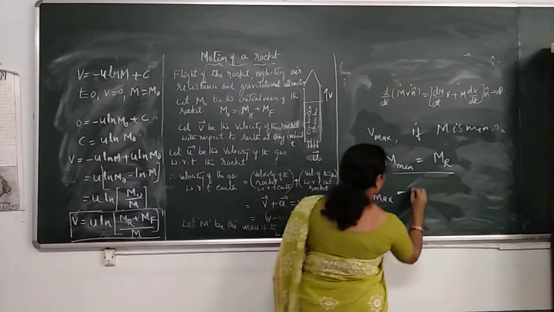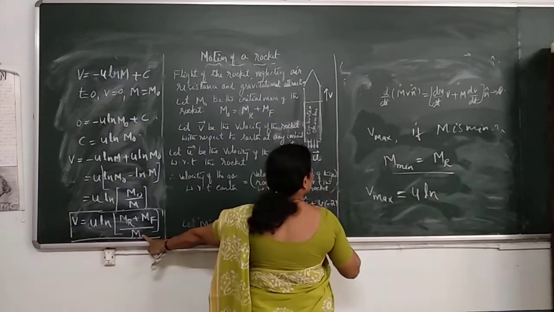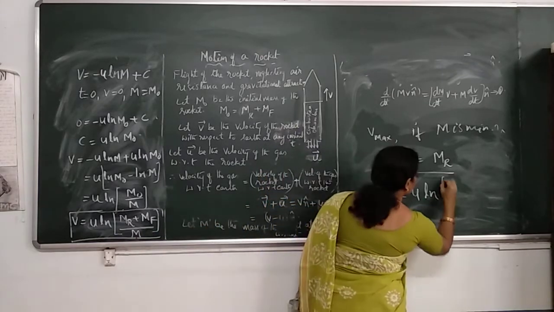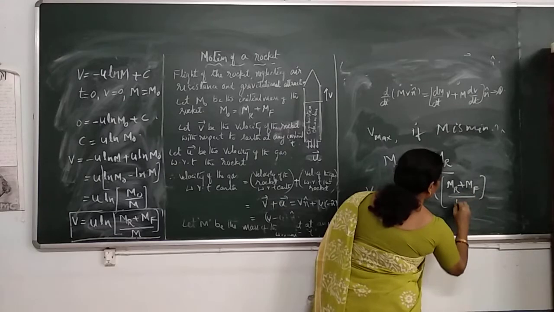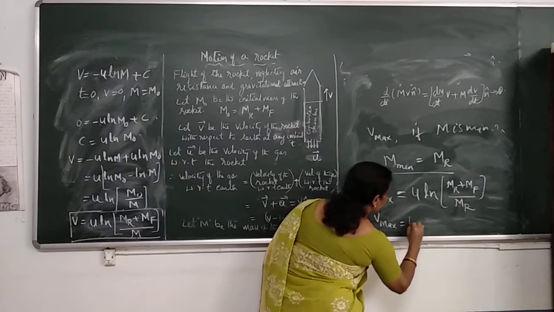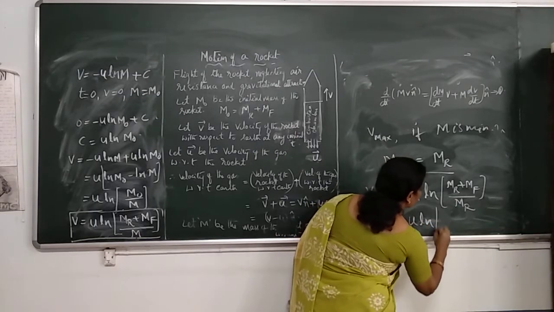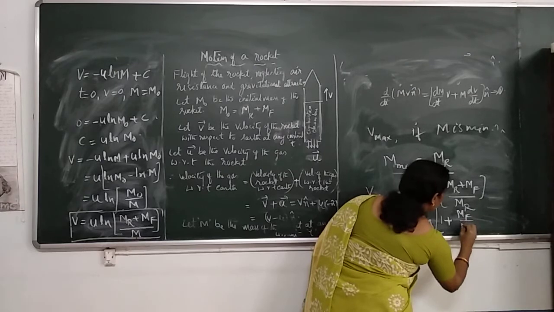V maximum will be u ln of (mr plus mf) divided by mr, or v maximum is equal to u ln (1 plus mf divided by mr).